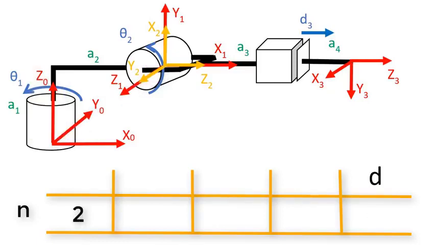Next, let's do d for the second row. I substitute n equals 2 into the definition of the d parameter. d for row 2 is the displacement from the center of frame 1 to the center of frame 2, measured only in the z1 direction.